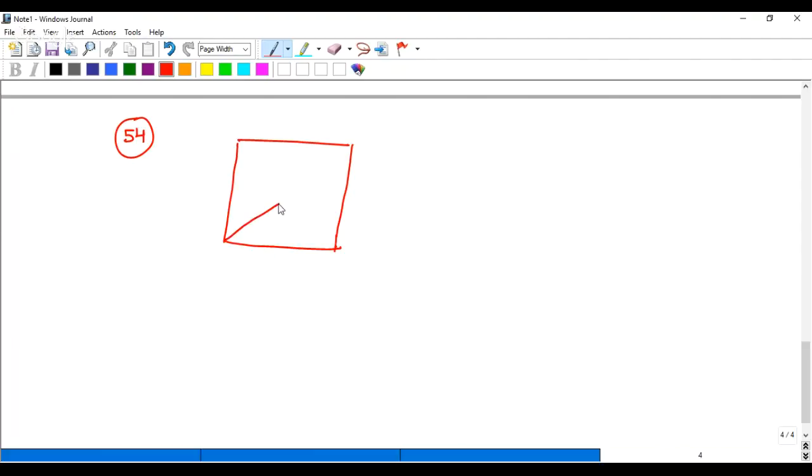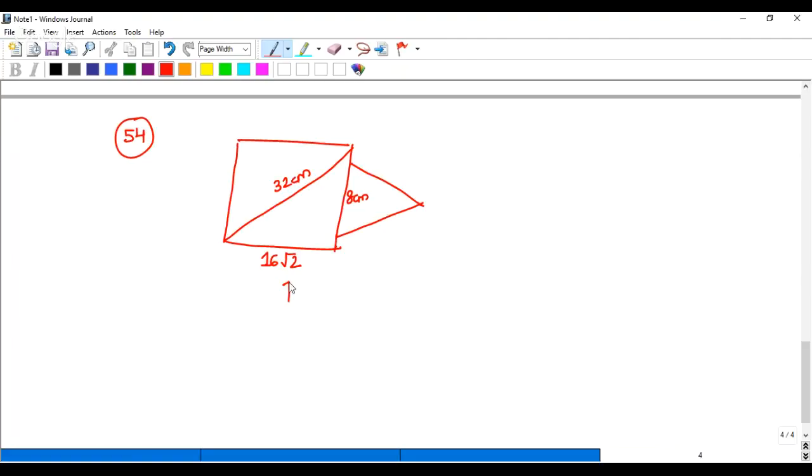And this diagonal is given as 32 centimeter. So I know that the side length will be 16 root 2. And this is attached to an equilateral triangle whose base is 8 centimeter. Approximately how much paper is used?